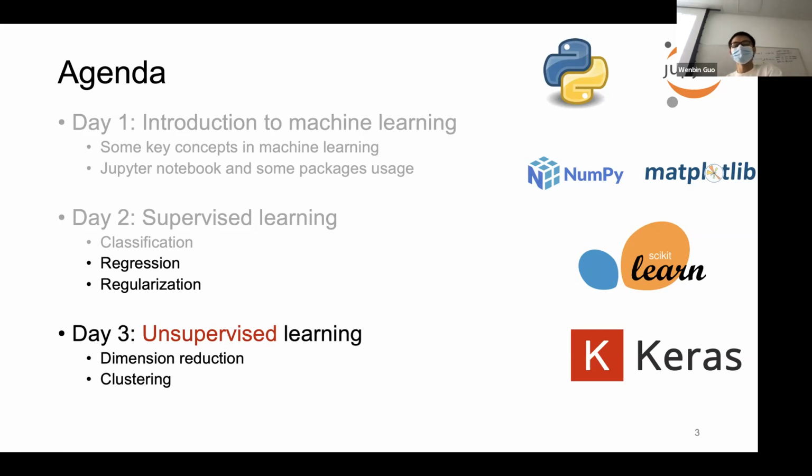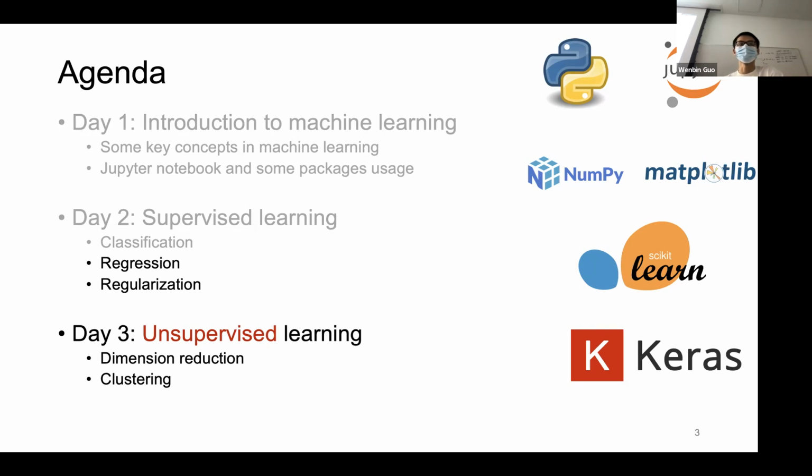For this workshop, I think the most important part is that we get some idea about what the algorithms are and what they are doing. We also have this practice using Jupyter Notebook.